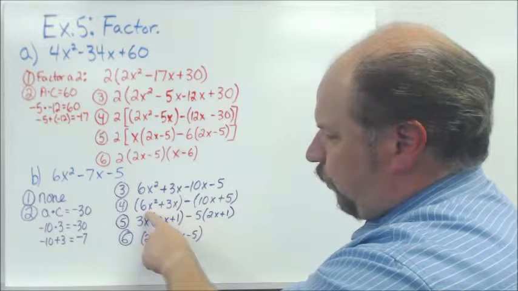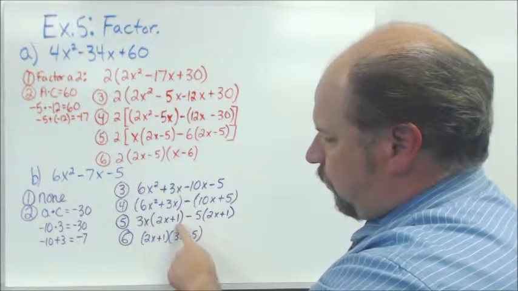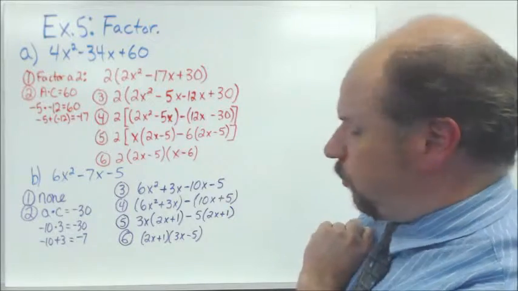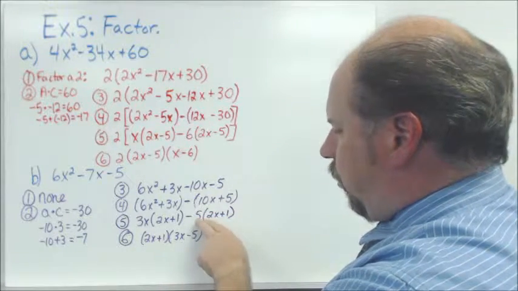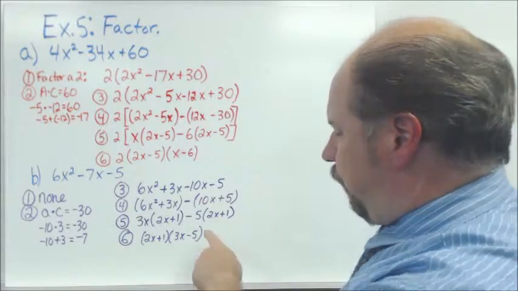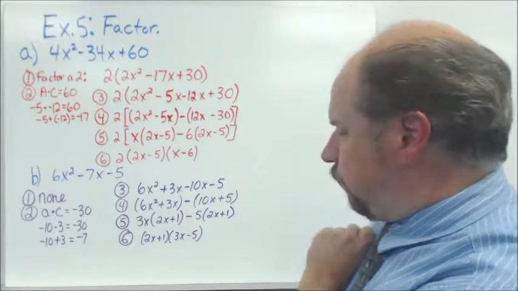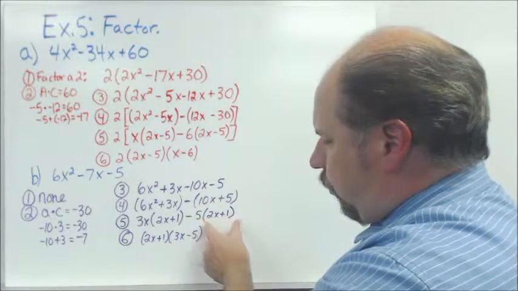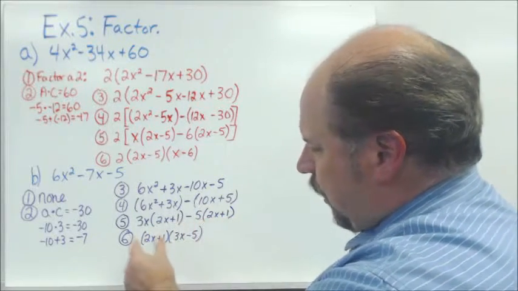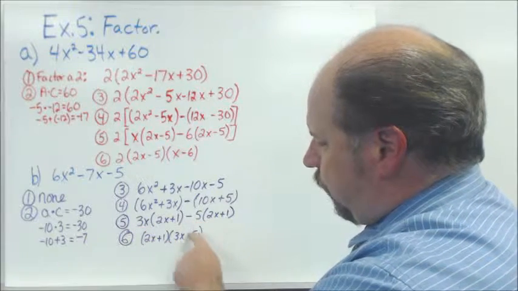And so if we divide 6x squared by 3x, we get 2x. If we divide 3x by 3x, we get 1. So we end up with 3x times the quantity 2x plus 1. And same thing here, we're going to take out between 10x and 5, looks like 5. So we factor out a 5, 5 times the quantity 2x plus 1. Okay, so now notice we have 2x plus 1 in both of them. So I factor that out to the front here, leaving us with just 3x minus 5.